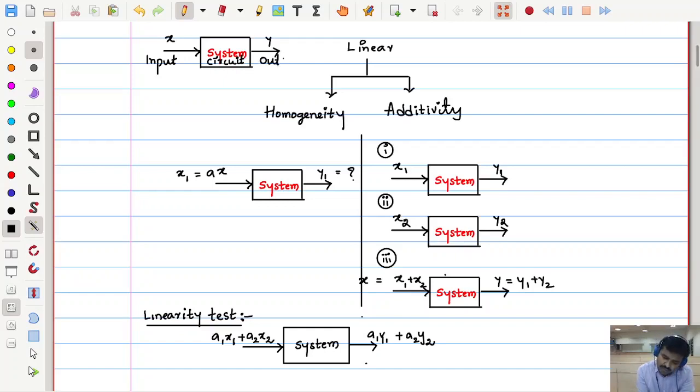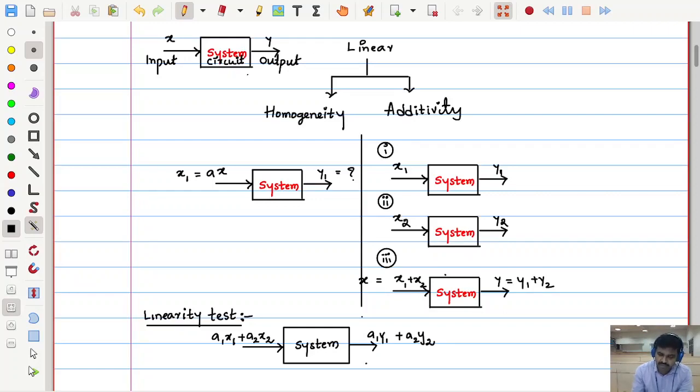That output let us call Y. Now what we would like to see is the relation between Y and X in terms of the system parameters or circuit parameters.